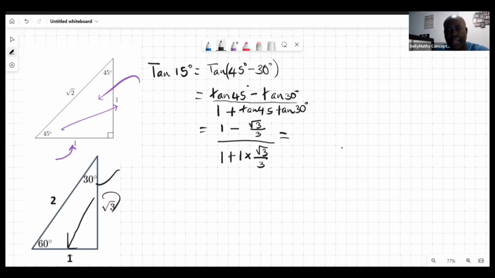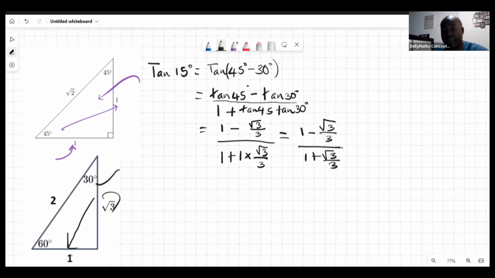So if we simplify this, we'll have 1 minus root of 3 over 3, all divided by 1 plus the root of 3 over 3. All right. So basically that's what we have there, and that's the exact value.